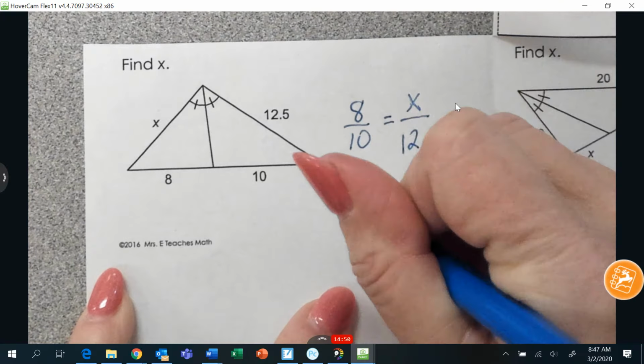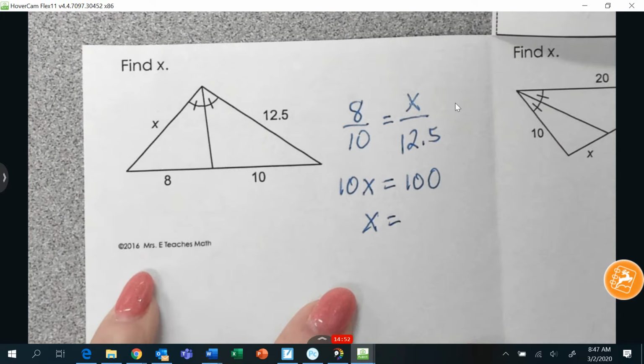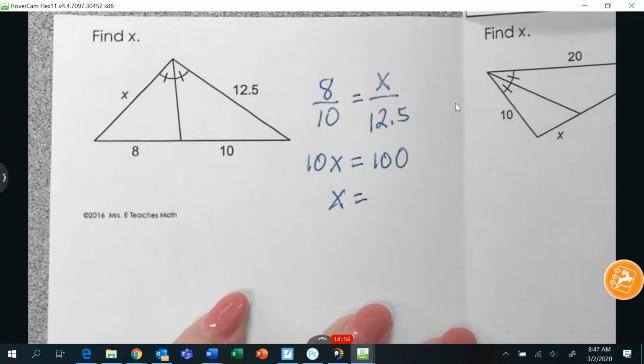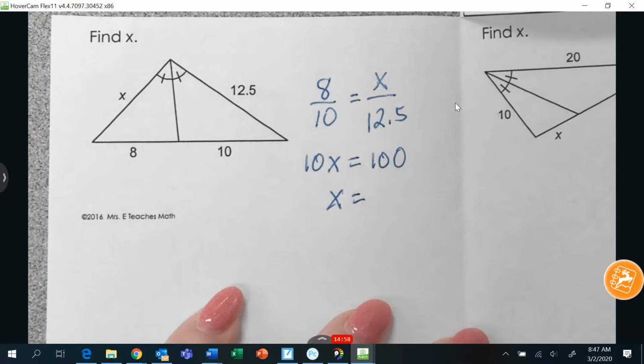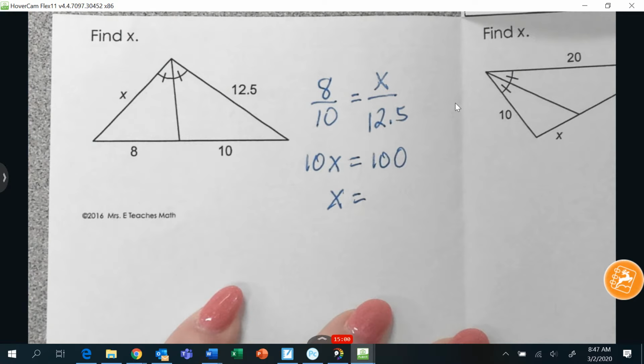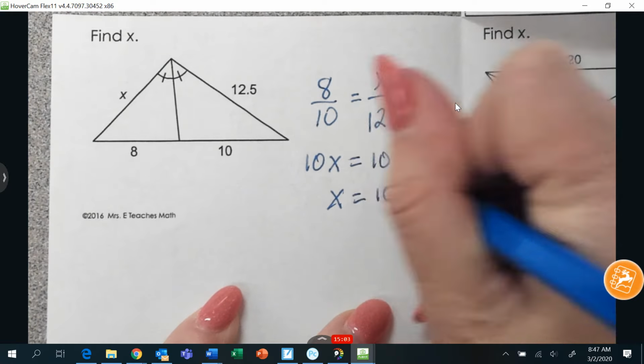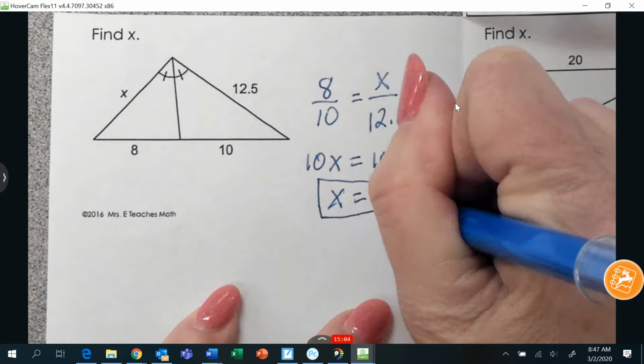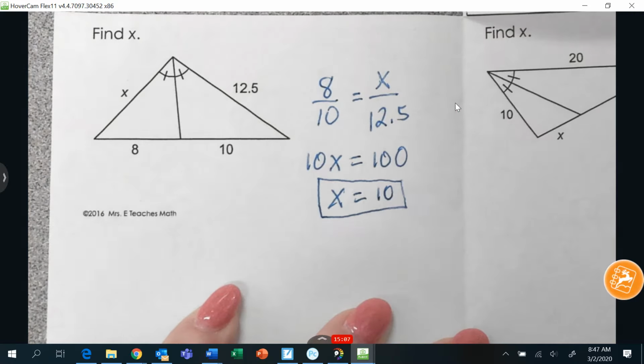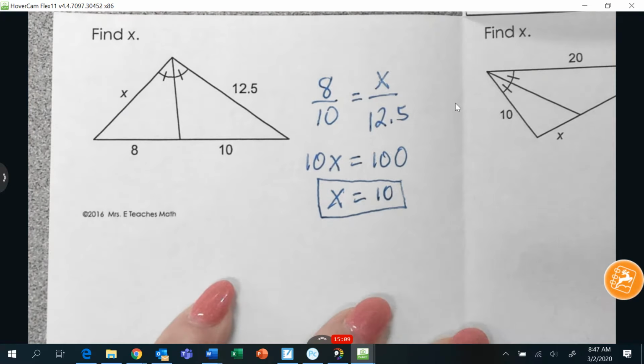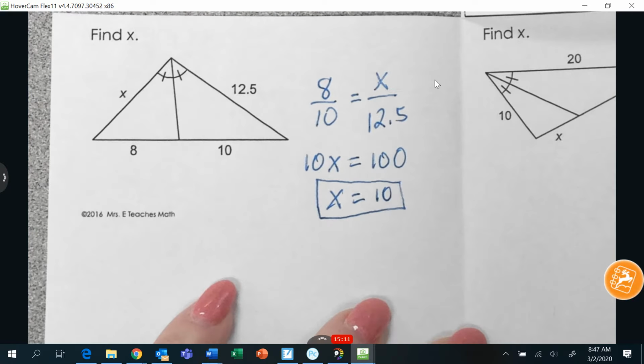And then Jesse's going to tell me the answer for x. Thank you for not hurrying to get your calculator out for that one. Sometimes we can do stuff on our own.